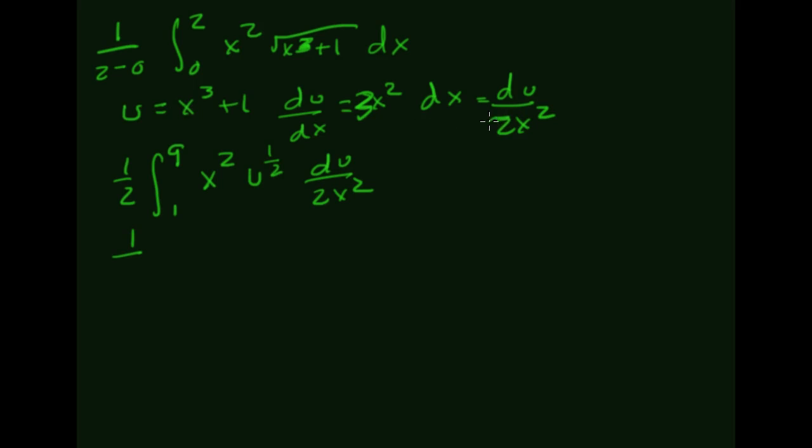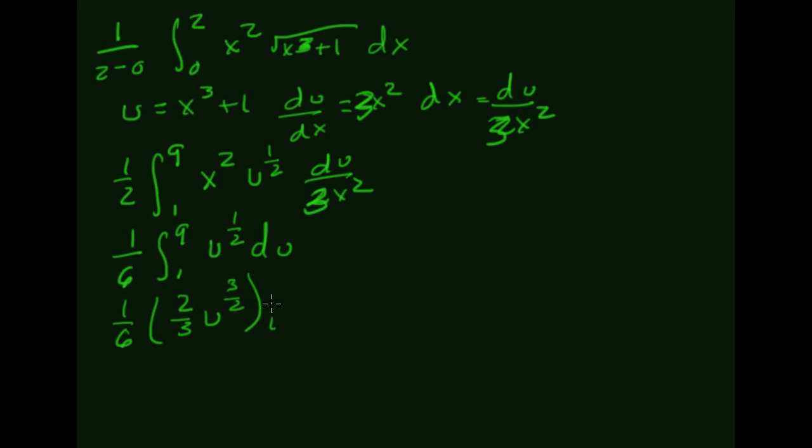The x squareds cancel. So that's going to give me 1/6 from 1 to 9 of u to the 1/2 du. So that's 1/6 times 2/3 u to the 3/2 from 1 to 9.